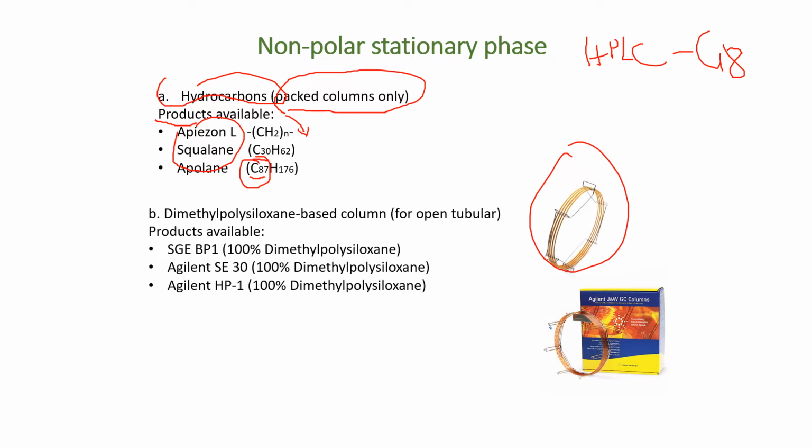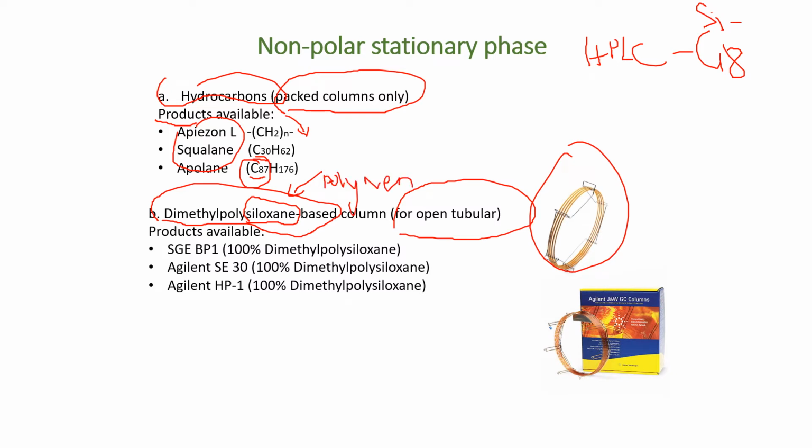And then we have the non-polar stationary phase for open tubular, the W chord. It is based on dimethyl polysiloxane. So the keyword now is siloxane. Same thing with HPLC, silica, C18, but this is more into polymeric silica.